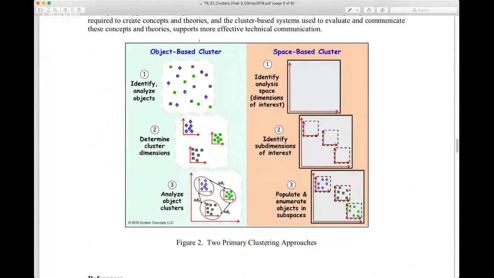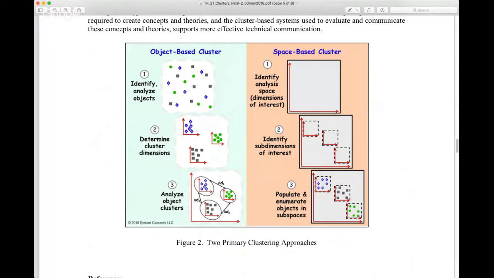Space-based clustering, basically, in design mode, is, well, what you want is not already there. You're going to have to design it. And so you identify the objects in the object-based cluster, then you determine the cluster dimensions, then you analyze the object clusters to find out whatever characteristics or features you're interested in.